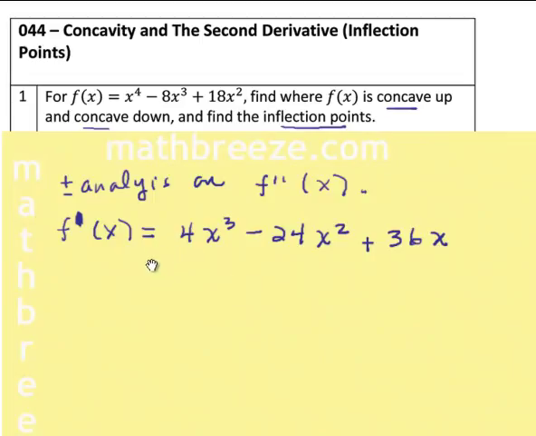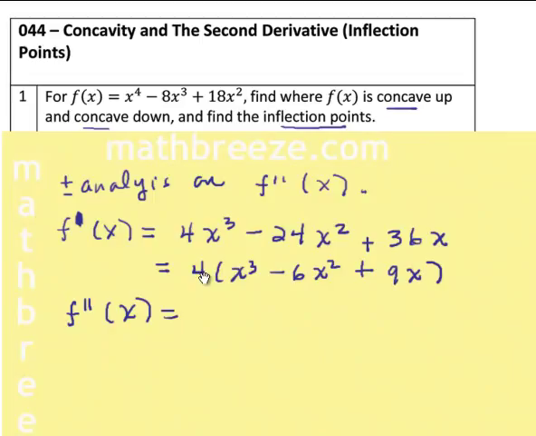We can factor out a 4 from this: x cubed minus 6x squared plus 9x. I didn't factor out x as well because it's easier to take the second derivative in this form. So now for the second derivative, using the power rule, we have 3x squared minus 12x plus 9.